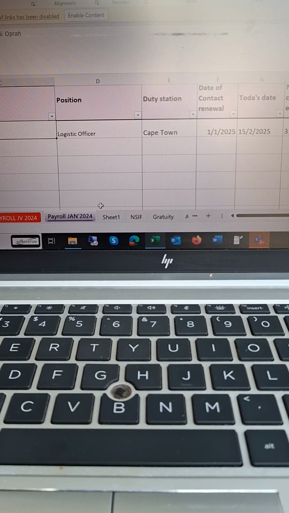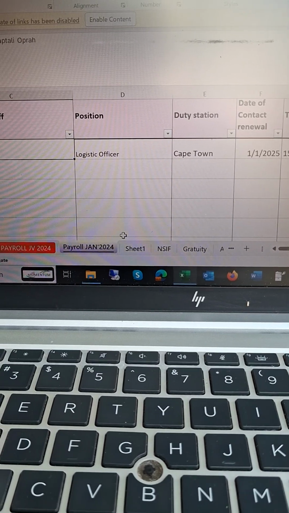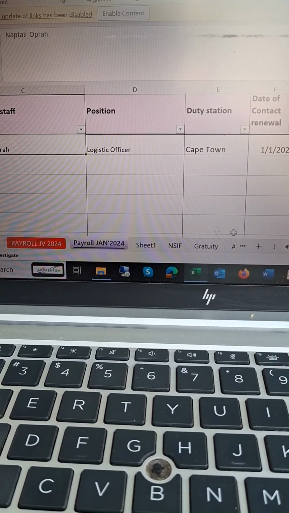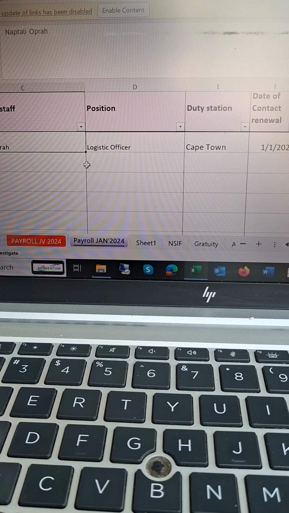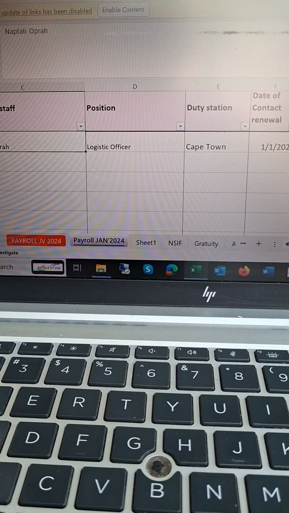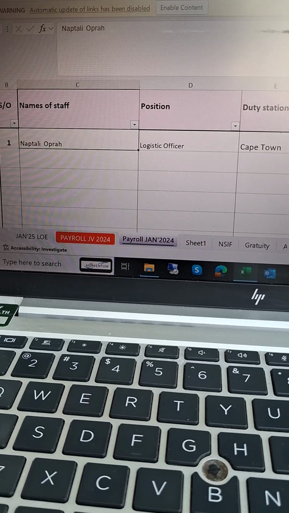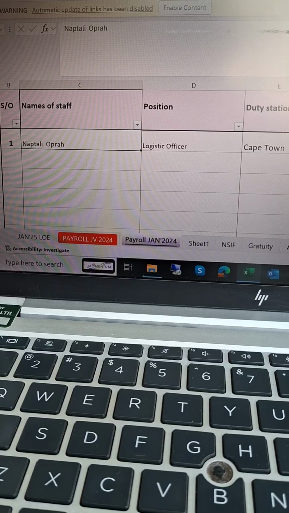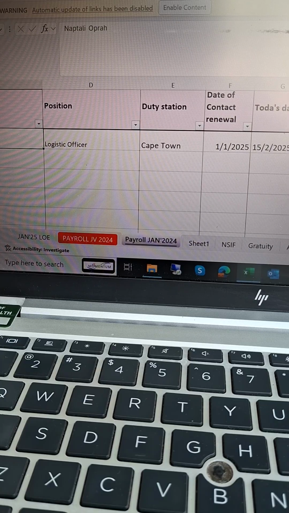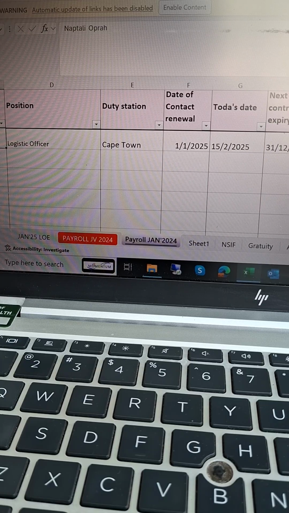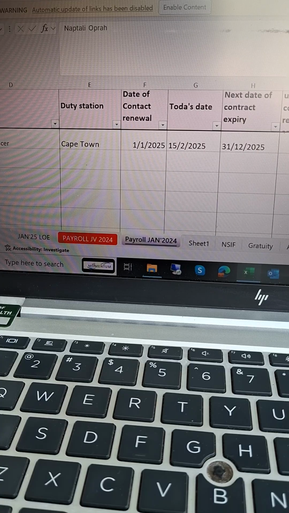The name of the staff is Naphtali Oprah. Position is logistics, duty station Cape Town.